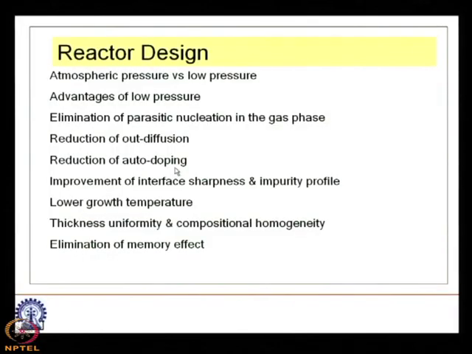Reduction of auto doping, improvement of interface sharpness and impurity profile, lower growth temperature, thickness uniformity and compositional homogeneity, elimination of memory effect. Those are the important things that one must take into consideration before designing a reactor for CVD. I shall come to that point also, what is memory effect.